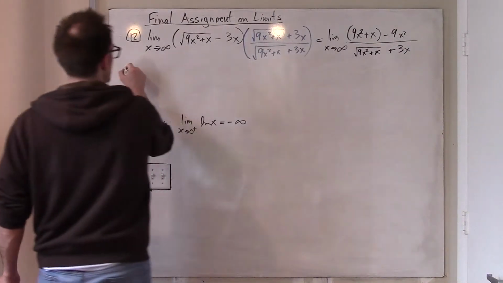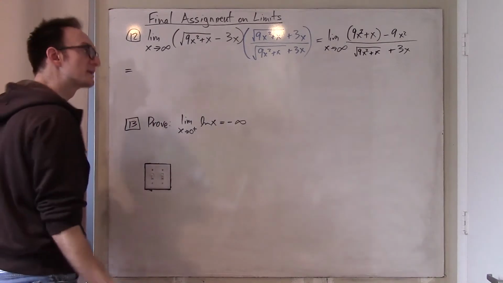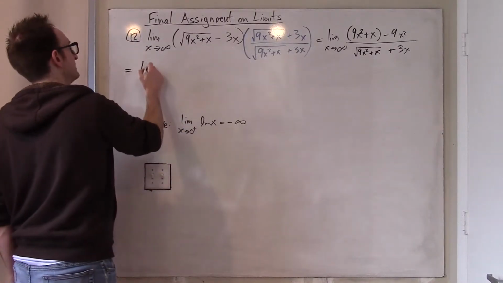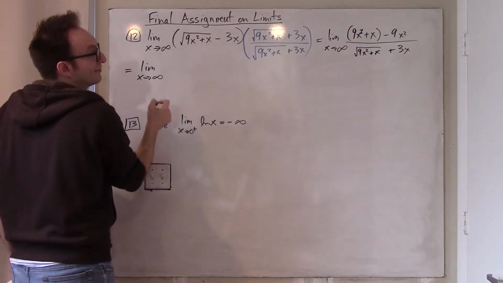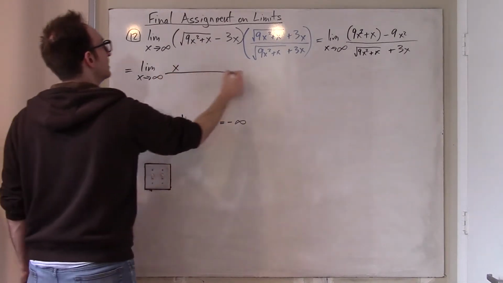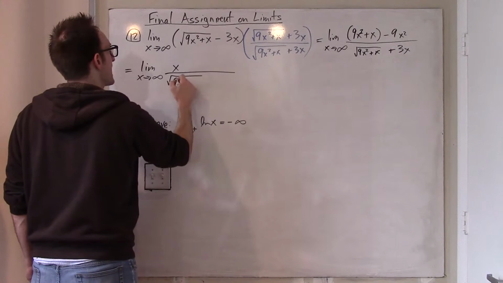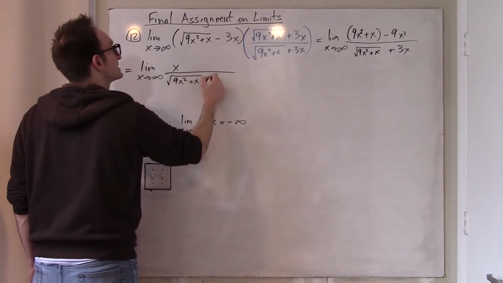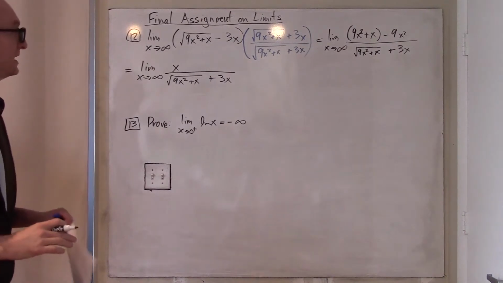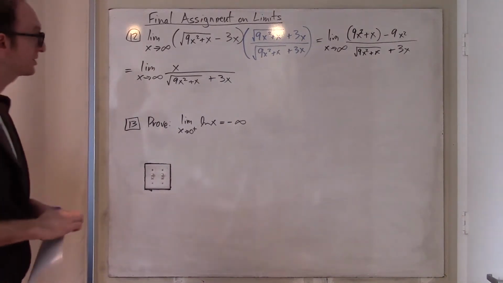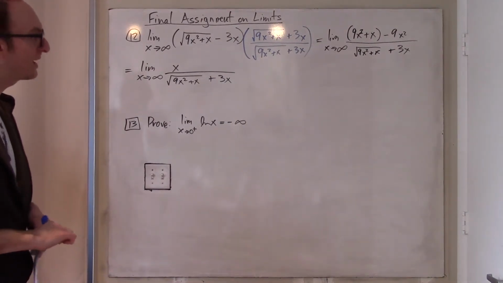And I think it was, because the 9x squareds cancel, and we get the limit as x approaches infinity of just x over root 9x squared plus x plus 3x. And now I think you can already just guess what the answer is to this problem. Therefore, this problem is really not that hard.